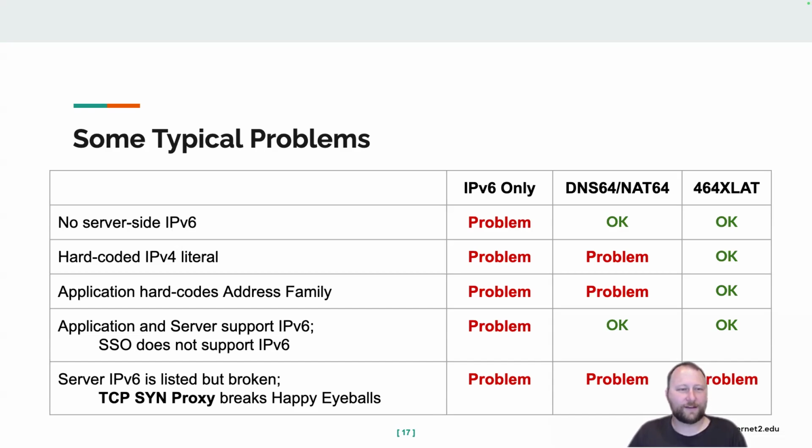A couple of interesting ones that I've run into: when an application has supported IPv6, but the single sign-on or something in the middle of that sign-on process does not support IPv6. Or once you get logged in, and specifically I'm looking at Outlook. I haven't looked at it recently, but once I got logged in, I was fine, but going through the login process, something failed in the middle.